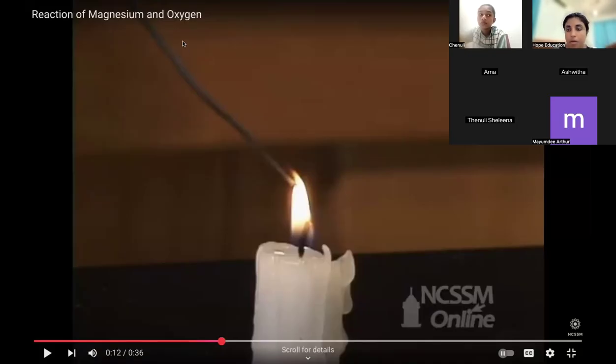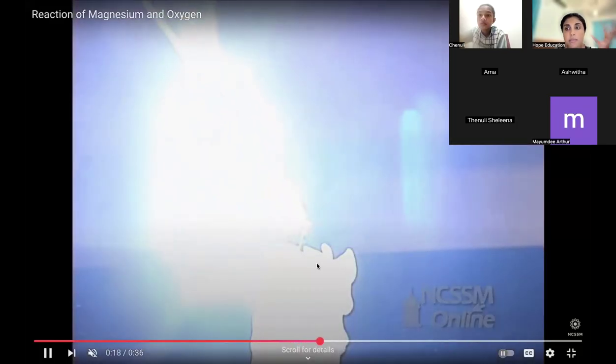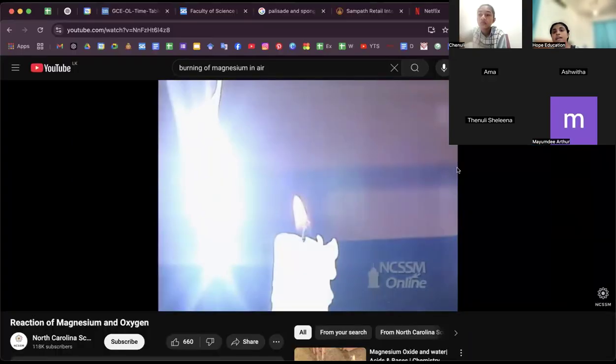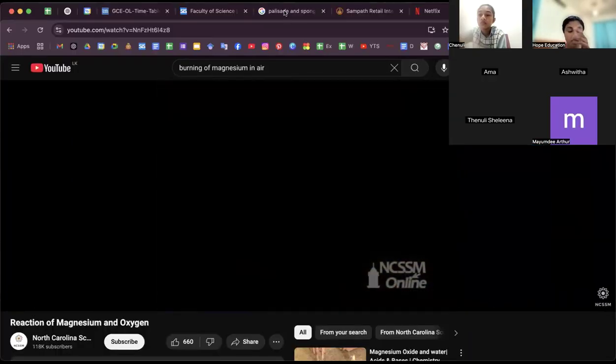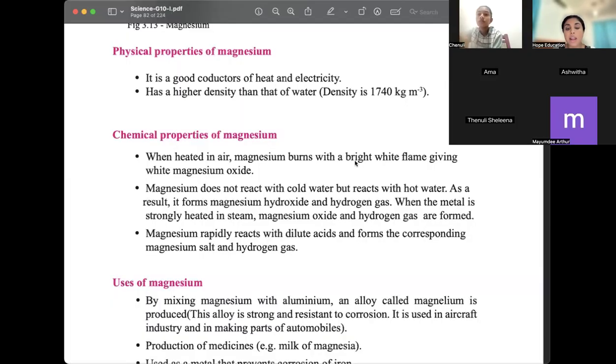This is the magnesium ribbon being held, a piece of magnesium, right? When they're heated. See? It's a very bright white flame. So when magnesium is held into a flame, it will form a bright white flame. That is what I said here, right?